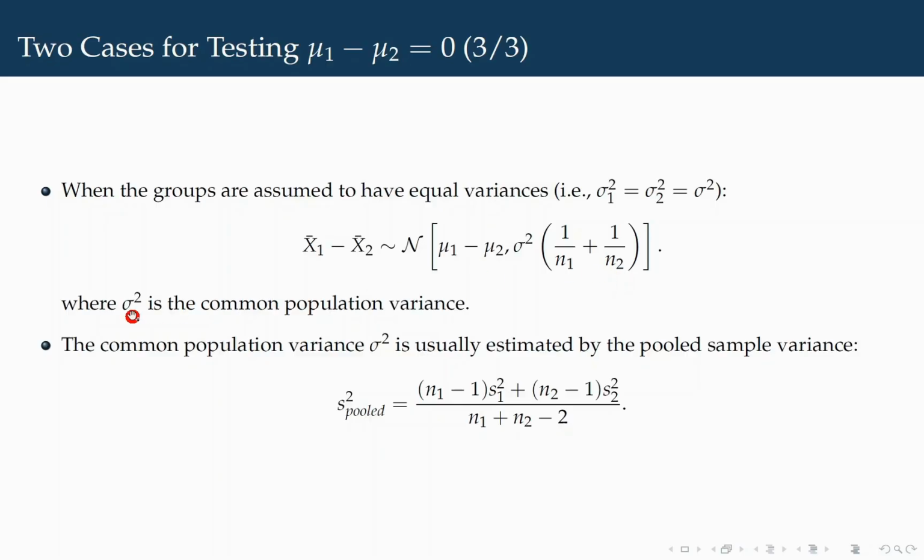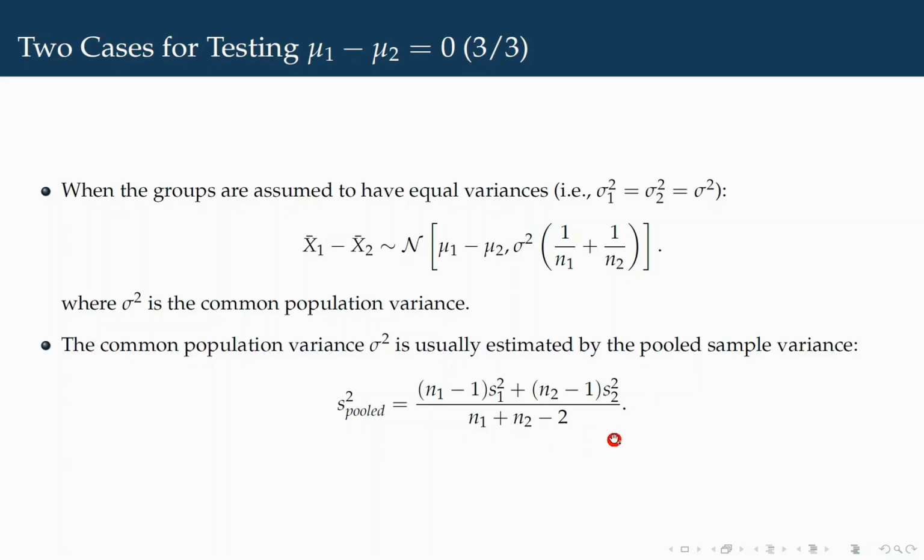Now in this case, sigma square is the common population variance of the two groups. So this common population variance is not usually known, therefore it can be estimated using the pooled or combined sample variances of both groups. So the pooled sample variance S pooled square is nothing but n1 minus 1 times variance of the first group plus n2 minus 1 times variance of the second group, over n1 plus n2 minus 2.